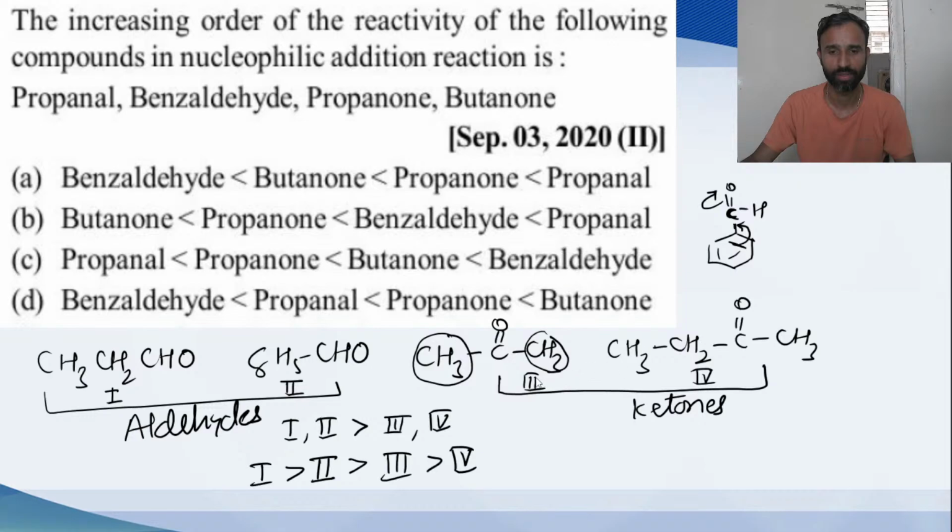So in the case of propanone, on one side there is an ethyl group, and on the other side there is a methyl group.